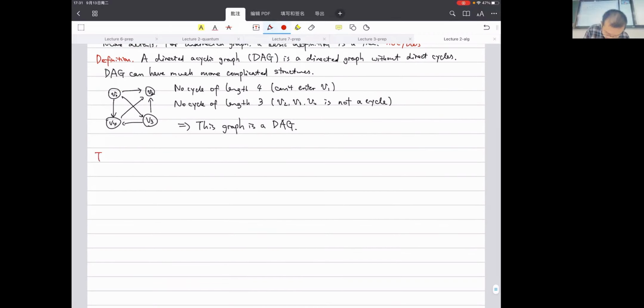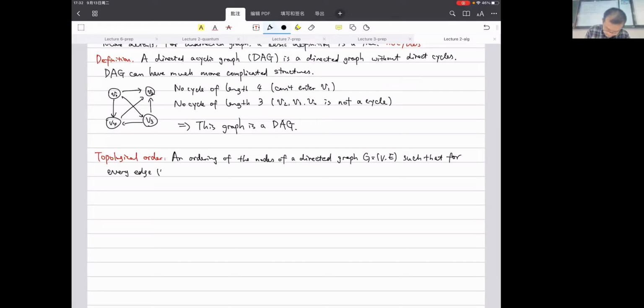So the thing that we are going to introduce is called a topological order. This is going to be an ordering of the nodes of a directed graph, such that for every edge Vi, Vj, we are talking about the vertices Vi and Vj.